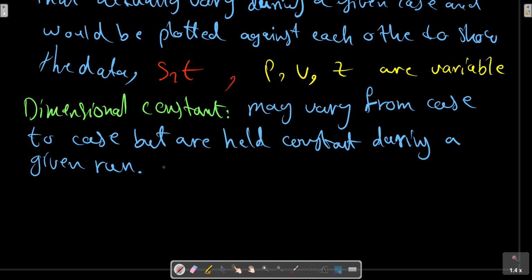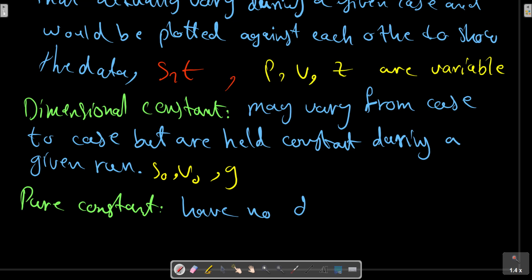As was obvious in the previous relation, the constant shown with the 0 subscript and also g are constants, so we consider these quantities in a relation as dimensional constants. Pure constants have no dimensions and never did, and they derive from mathematical manipulation.